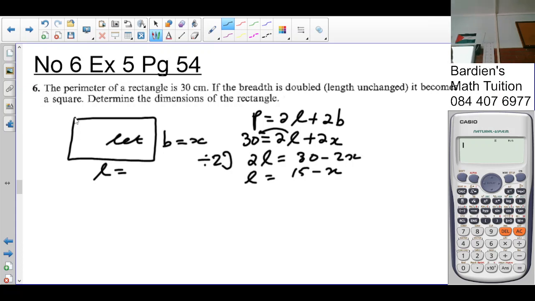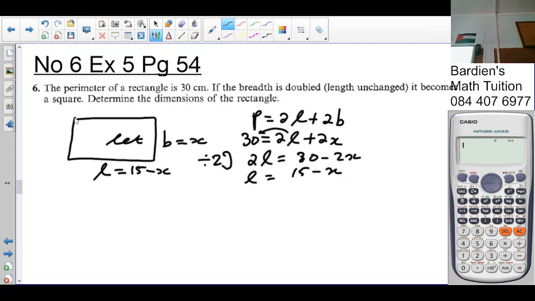If you're going to take this over, then it will become negative: negative 2L equals 2x minus 30. So when you divide by negative 2, it becomes negative x plus 15 anyway. You understand? So this is now what your length is. Your length is 15 minus x.